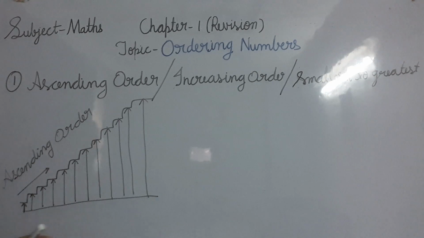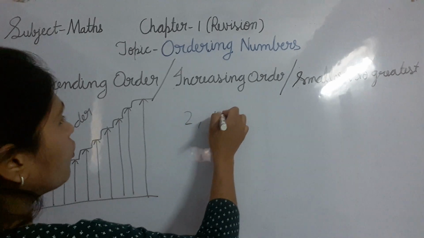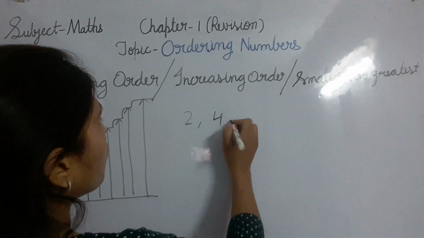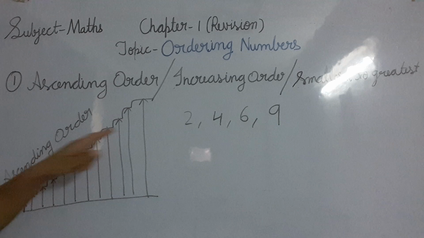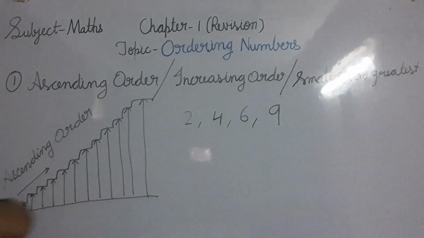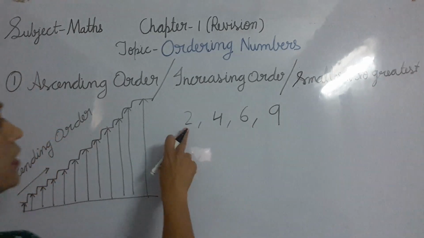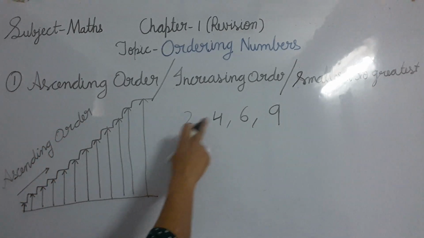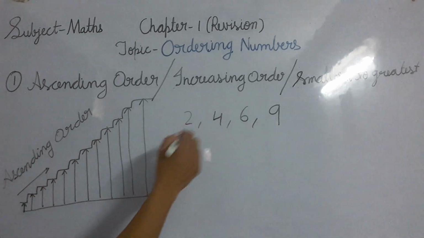Or if I take one example here, 2 4 6 9. These numbers are in ascending order. How? They are increasing. See, 4 is greater than 2, 6 is greater than 4 and 9 is greater than 6.